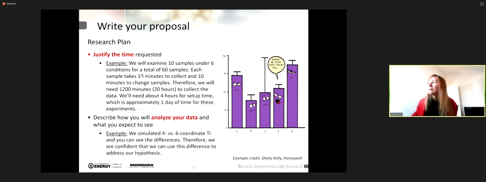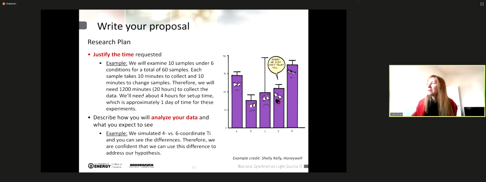We know by talking to the beamline scientists that it takes 10 minutes to collect one spectrum and 10 minutes to change samples. So therefore, we need 1,200 minutes or 20 hours to collect the data on those 60 samples. We also need, after talking to the beamline scientist, about 4 hours for setup time, which is about 1 day of time for these experiments.